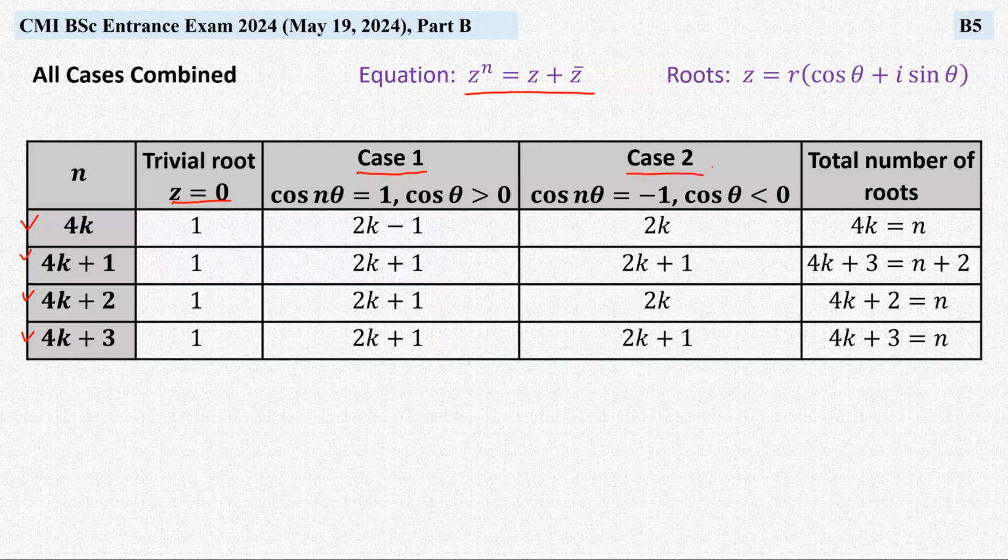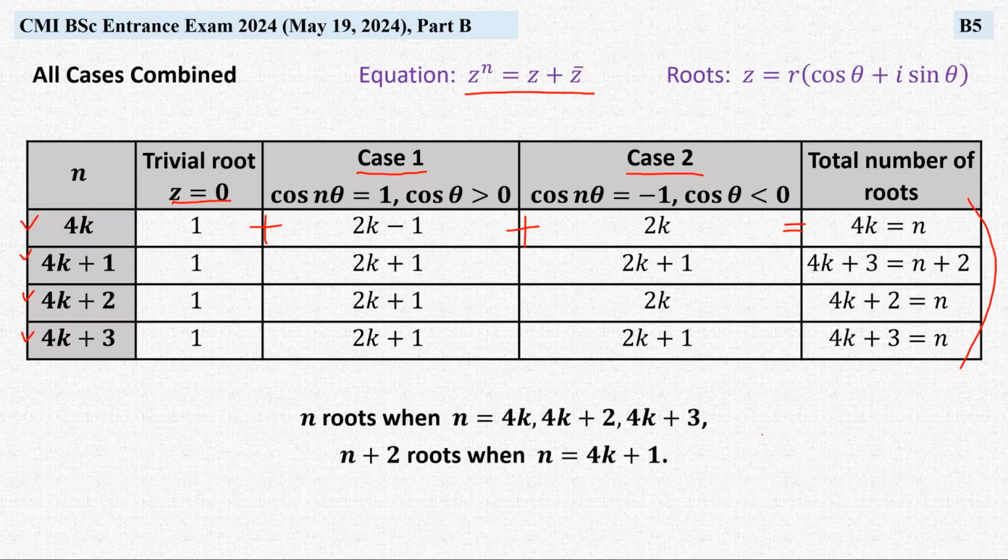And for case 2, we found that the number of roots are 2k, 2k plus 1, 2k, and 2k plus 1. If we add up everything on the same row, we obtain the total number of roots for each case division for n. And if you examine the total number of roots, you'll notice that there are n roots when n is equal to 4k, 4k plus 2, or 4k plus 3, and n plus 2 roots when n equals 4k plus 1.